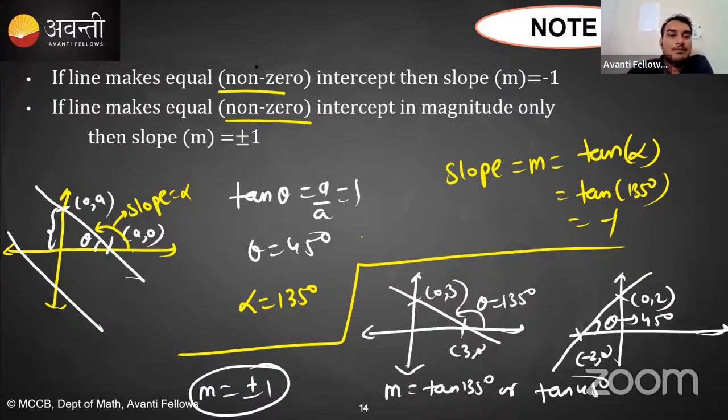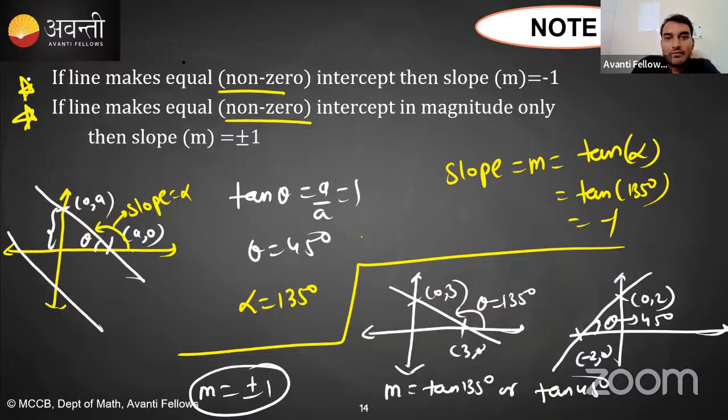Is this clear, everyone? Tell me quickly in the chat box. Is this clear? Understand? So if line is making equal intercept, then straight ahead slope is -1. If line is making equal intercept in magnitude, then slope can be +1 or can be -1. Yes or no? Clear? So these 2 points you have to remember directly.